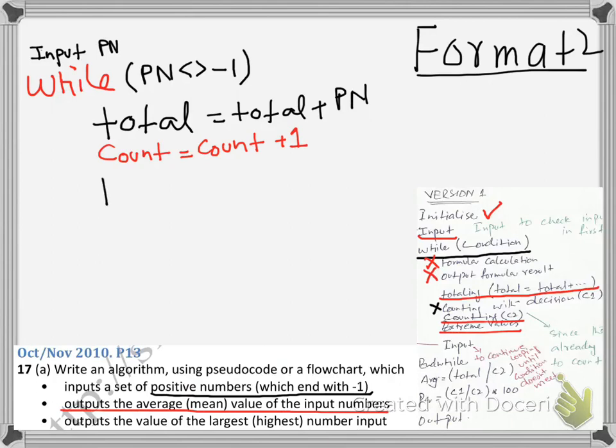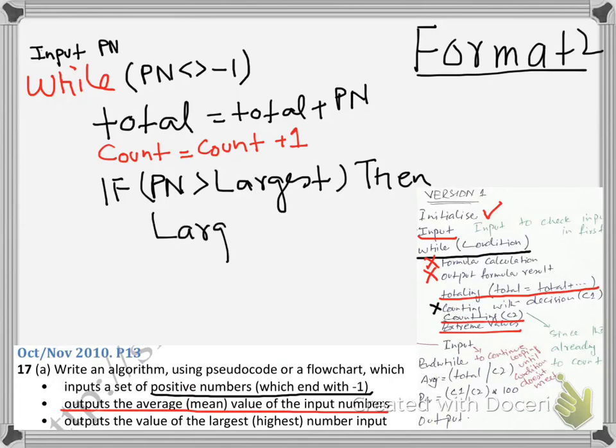This is: if positive number is greater than largest, then largest is equal to positive number. And what else do we need now?